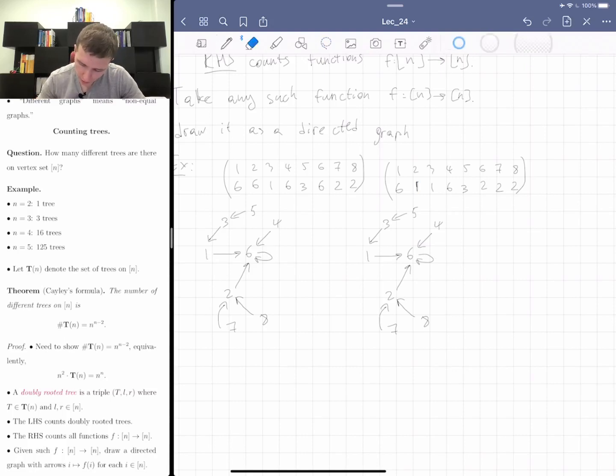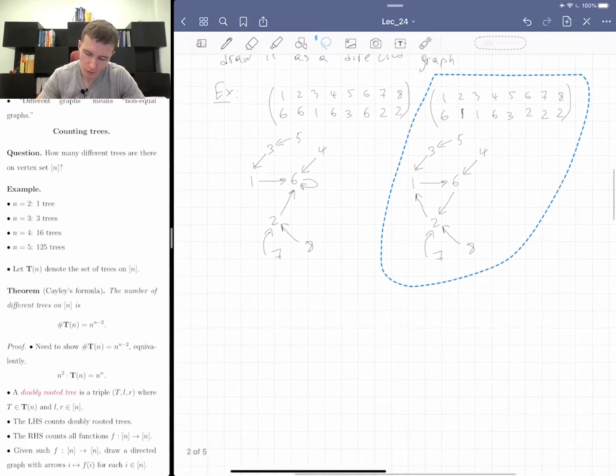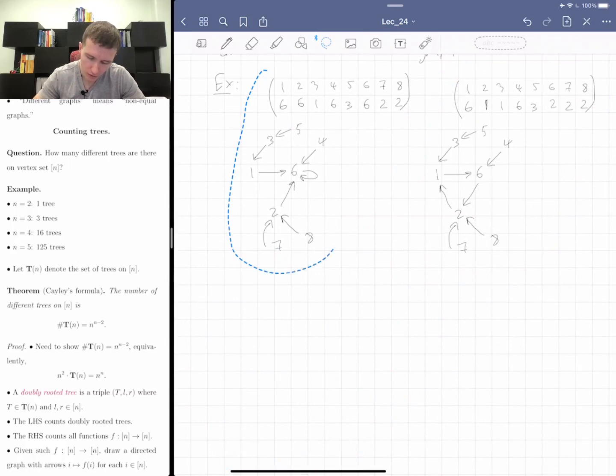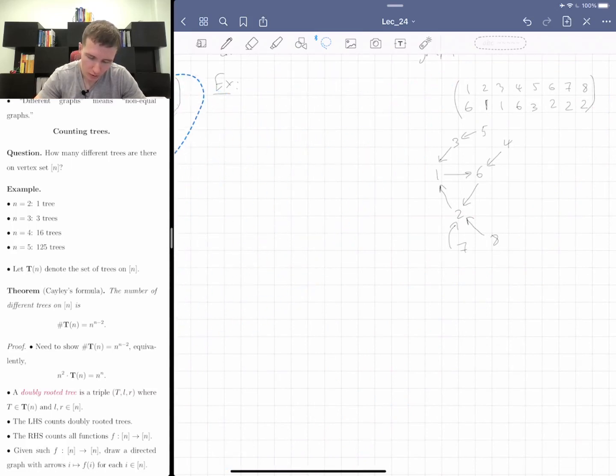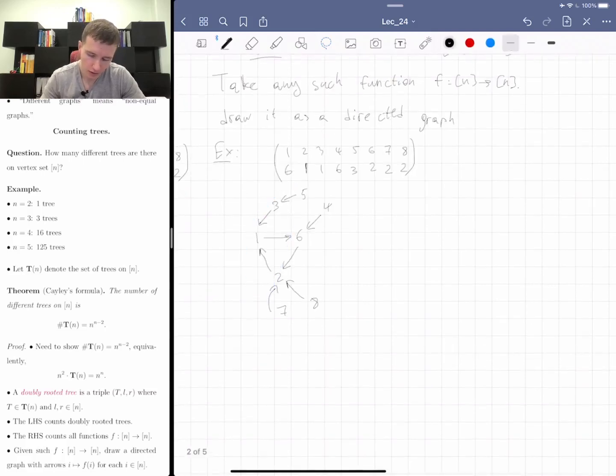So 6 goes to 2, and 2 goes to 1. Yeah, I think this is better, but regardless, the proof should work for any function. Let me move this one out of the way. So I get a picture like this.